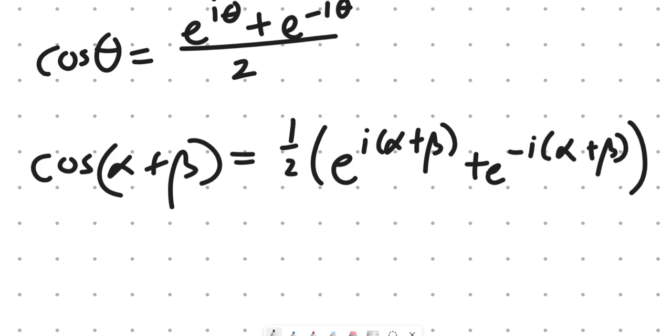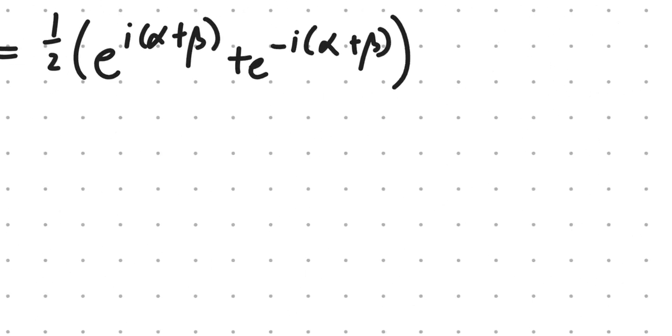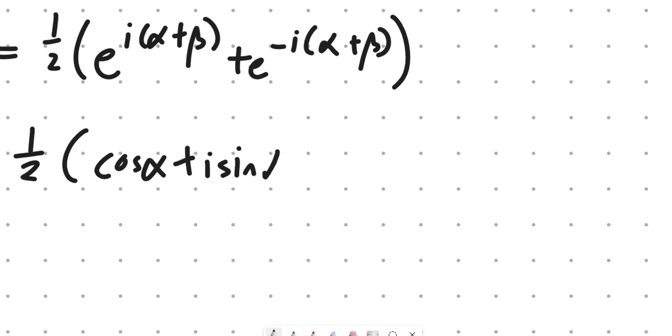Now, since we have this, we can use our definition again for the exponential function to expand this as a whole. So we would have something like 1/2 times cosine alpha plus i sine alpha.